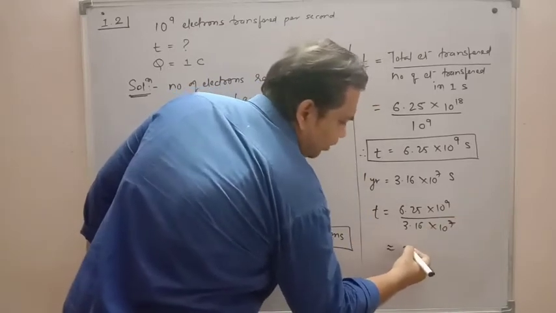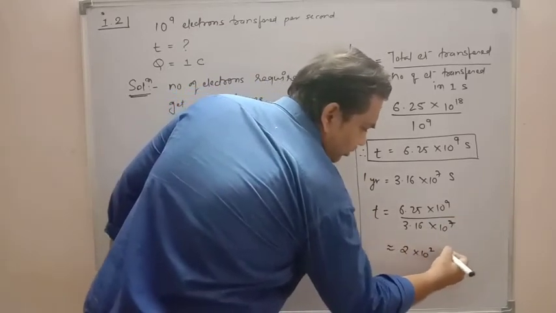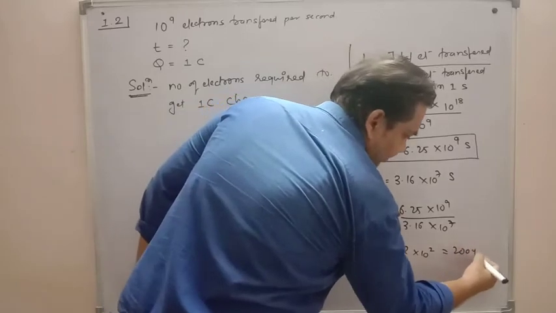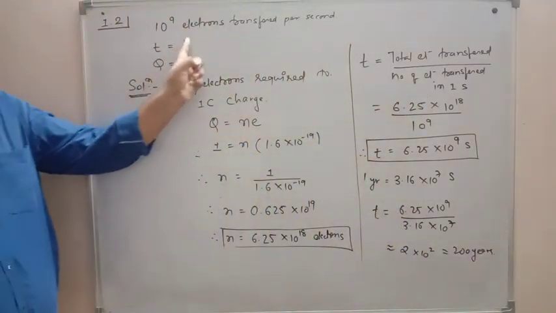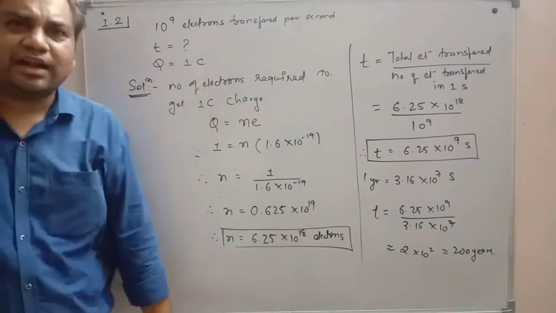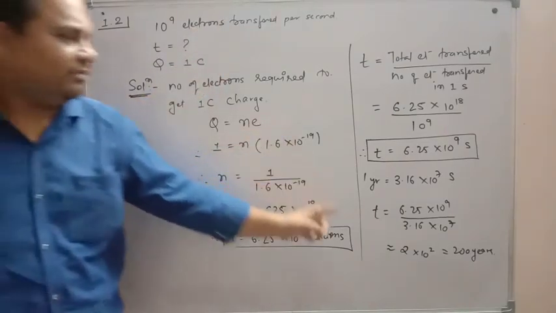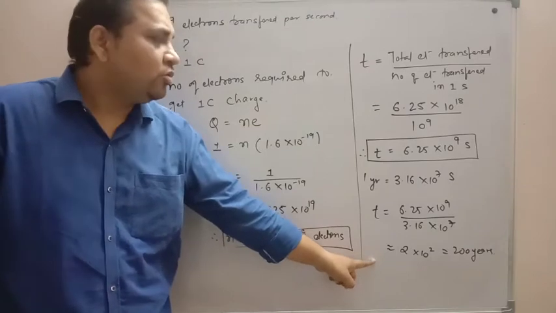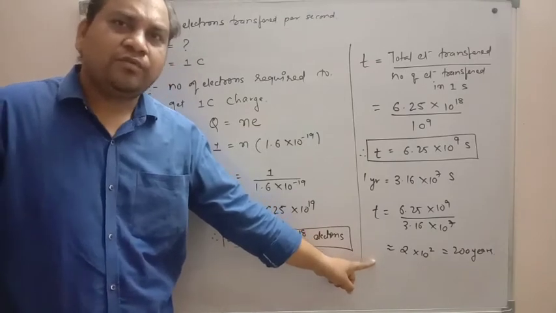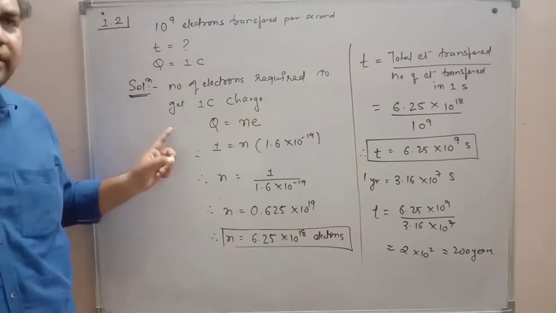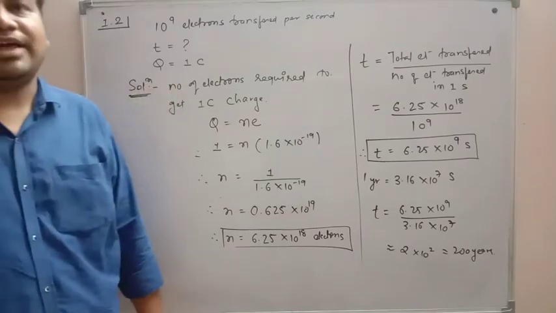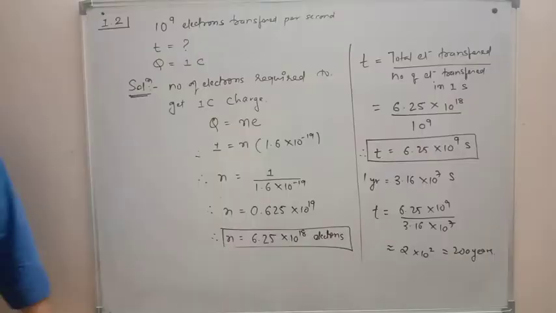It becomes approximately 2 into 10 power 2, that is approximately 200 years. That is, even if you transfer 10 power 9 electrons per second, it will take almost 200 years for that object to get a total charge of 1 coulomb. What does it indicate? That 1 coulomb is a very large unit.